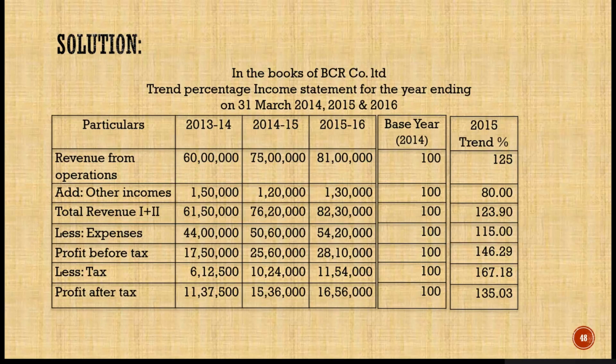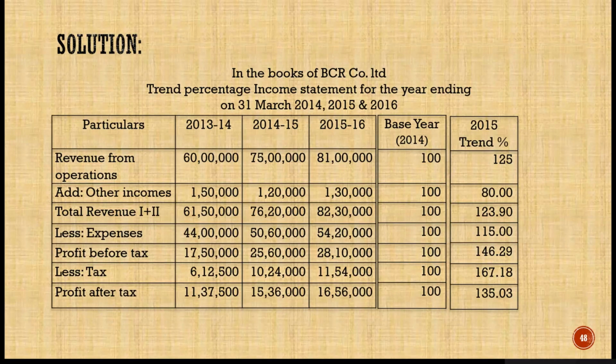So that's why trend percentage also decreased to 80%. So it is below base year, it is below 100. And likewise, we have done the calculation. We have applied the formula here. So here, base year figures become the important aspect for calculating the trend percentage.